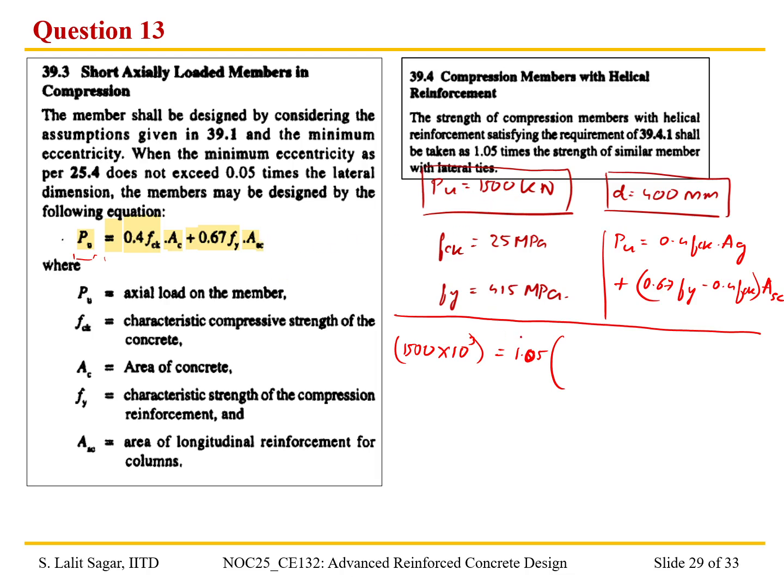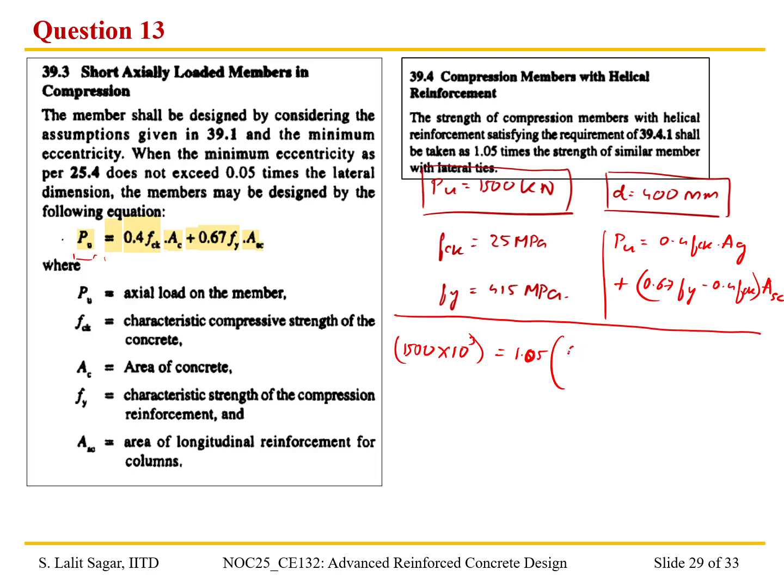That is the meaning of this equation. That is why we are going to consider this factor of 1.05 on the right hand side of the equation. Let us proceed to write the values.